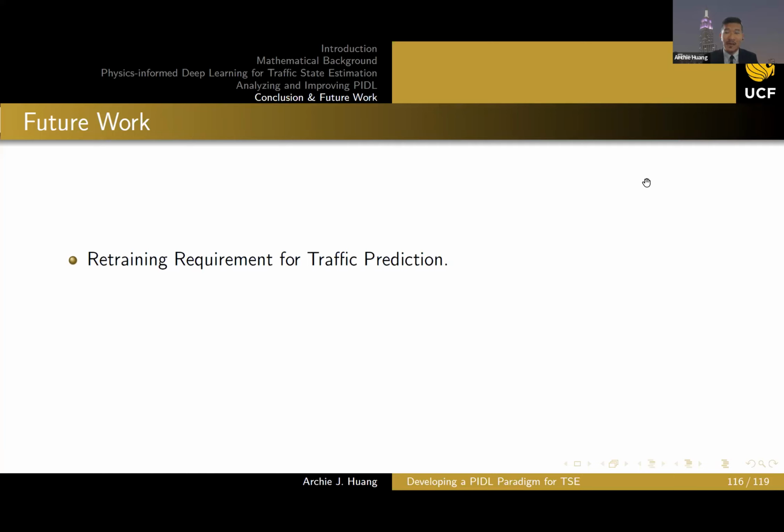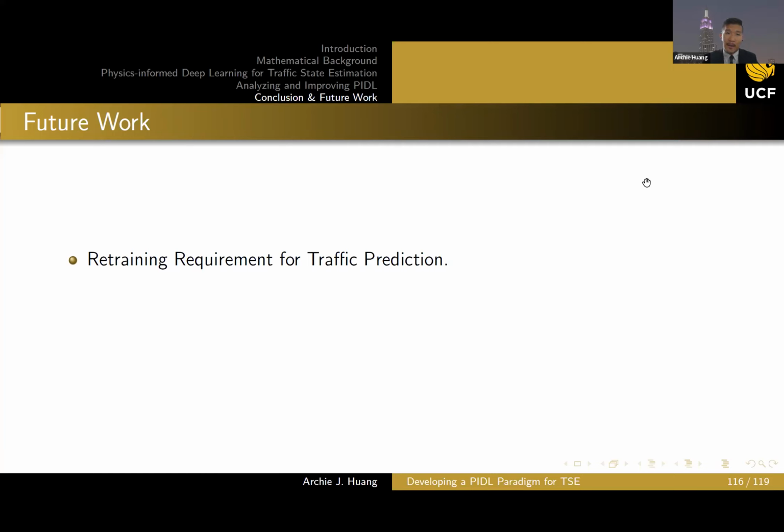And given the current training architecture, each time new data observations are acquired, the parameters, the weights and biases in this neural network require recalibration in order to adapt to the new observations.